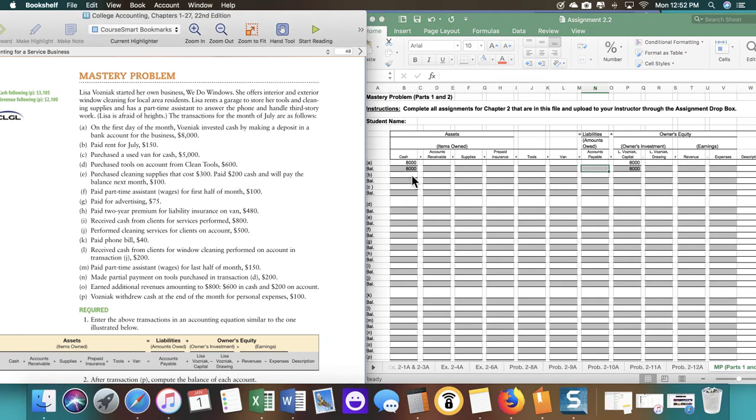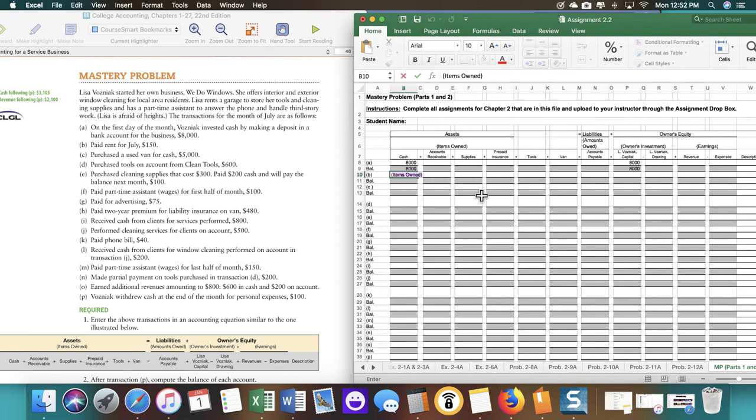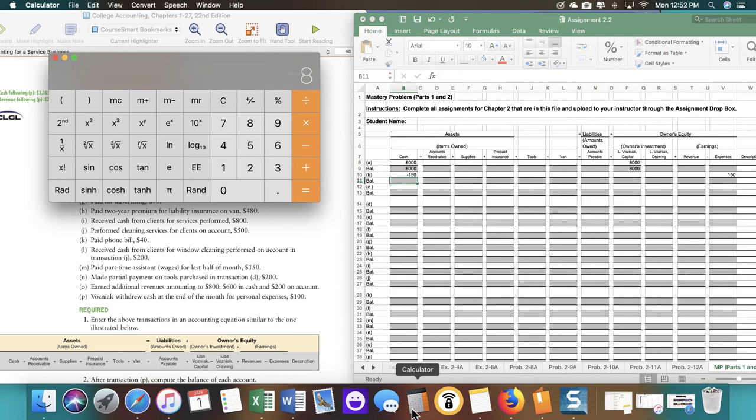So we paid rent, so we're going to decrease our cash account by $150, and we're going to list it in the expense account as $150. And then you're just going to do the math. 8,000 minus 150 should be 7,850.